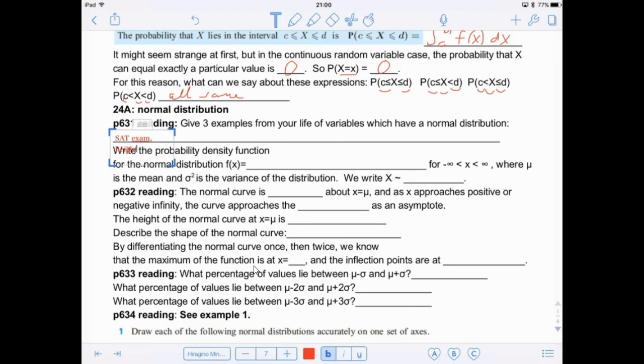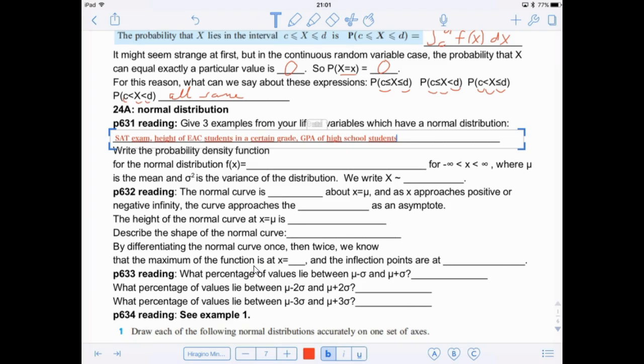Height of EAC students in a certain grade. What else? GPA of high school students. Pretty much anything kind of complicated is going to give you a normal distribution.